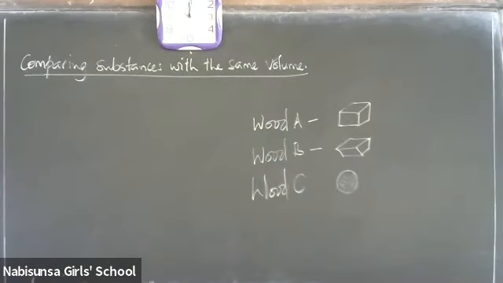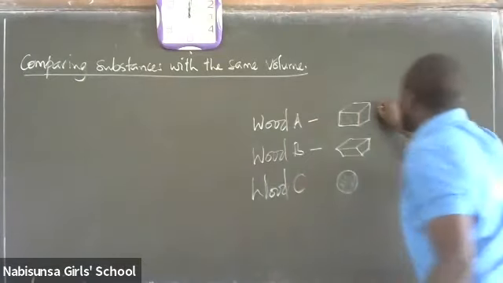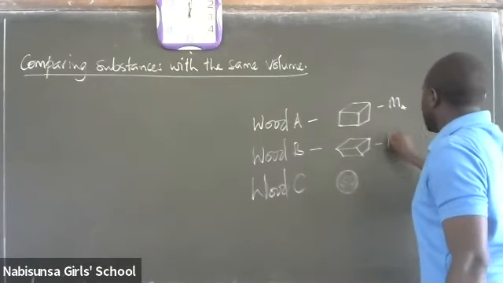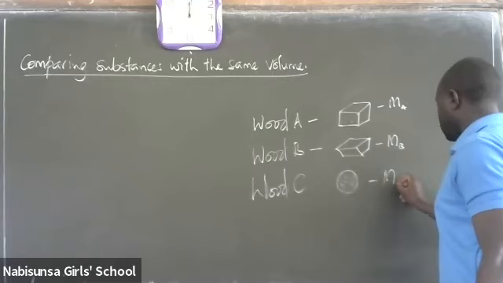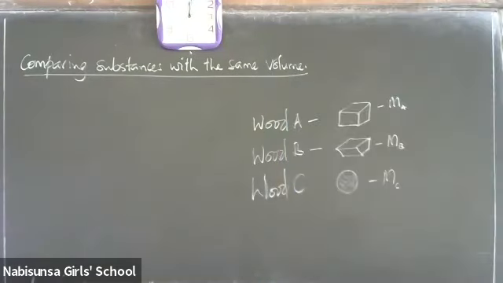So we said we just get the samples from each of these types of wood, and we determine their masses. Supposing this is the mass of A, mass of B, and mass of C. We said in our answering, we must mention that the masses of the different samples are obtained using a beam balance.